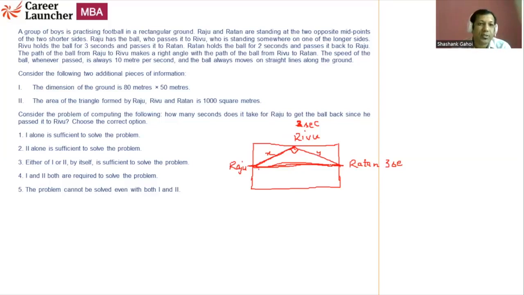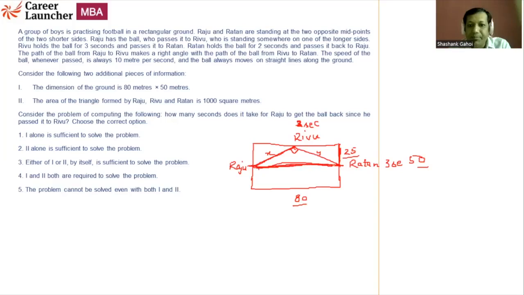Now let's see what the first statement says. It says the dimension of the ground is 80 into 50. Okay. So basically I can say this length is 80 and this length is 50 because this is the longer side and this is the shorter side. So I can say this length is going to be 25. This is going to be 25. Okay.